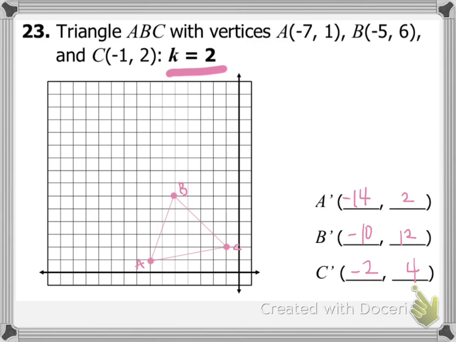So (-14, 2), then (-10, 12), and (-2, 4). So your A prime, your B prime, and your C prime.